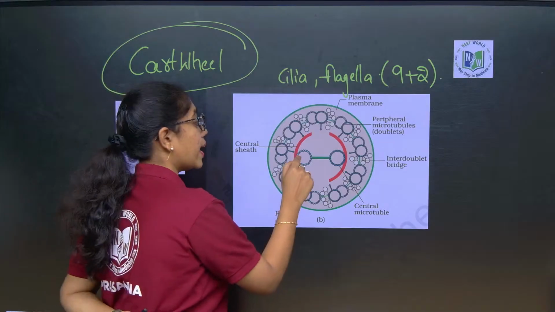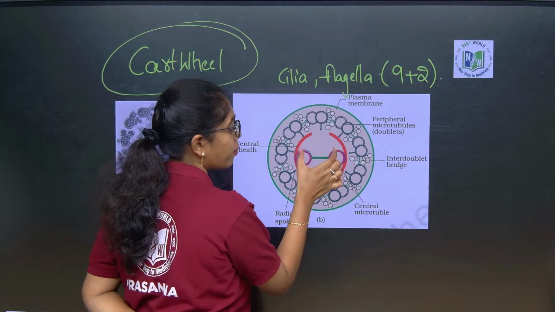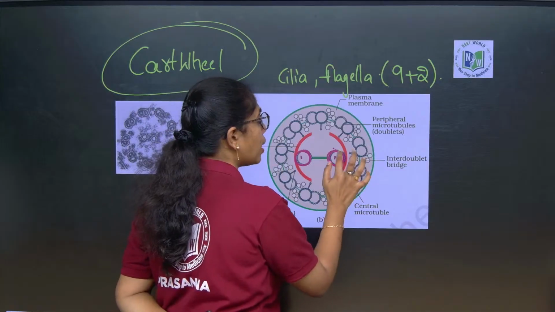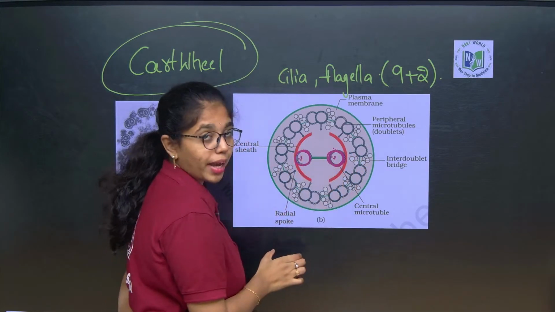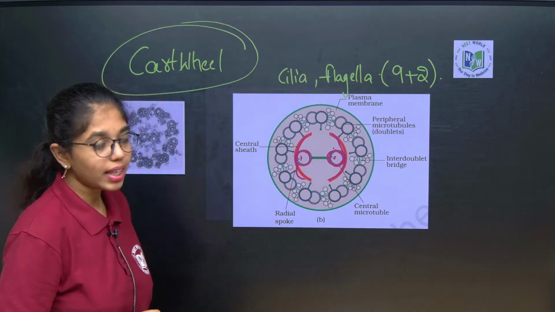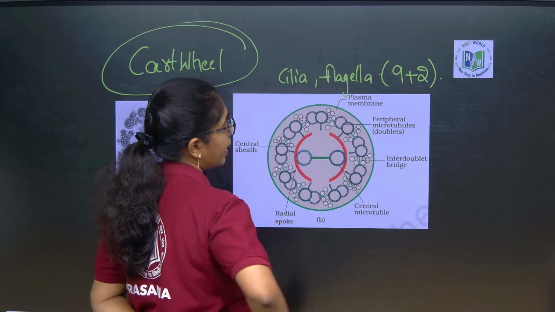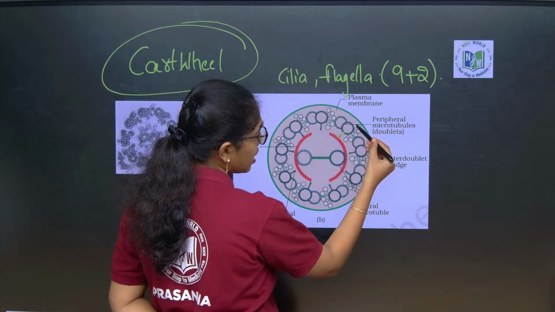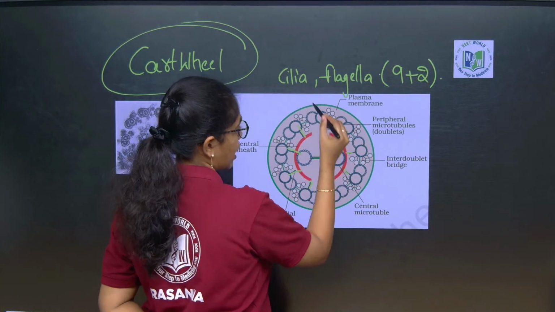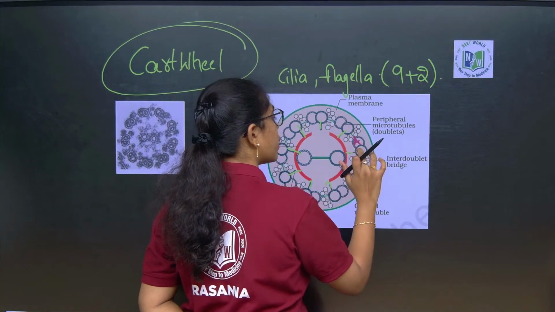Listen keenly: at the center you have 2 central microtubules, which are covered or coated by a sheath. The central 2 microtubules are covered by a central sheath, and this central sheath is attached to 9 radial spokes, where each radial spoke has 2 peripheral microtubules.